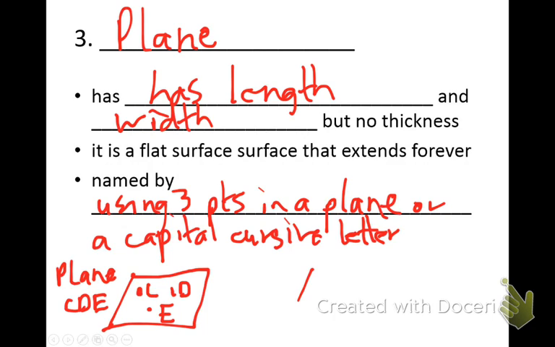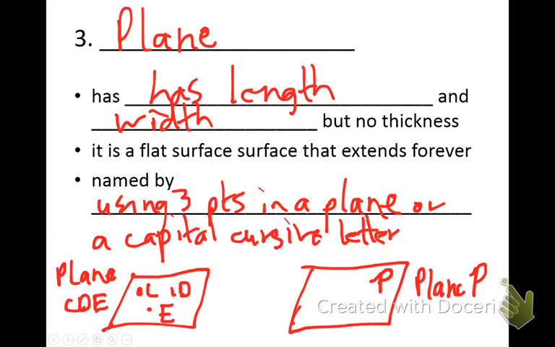Or it may have a single cursive letter, and we would call it plane P, right? So if there's a cursive letter, you'll just use one letter. If there's standard letters, you have to use 3.